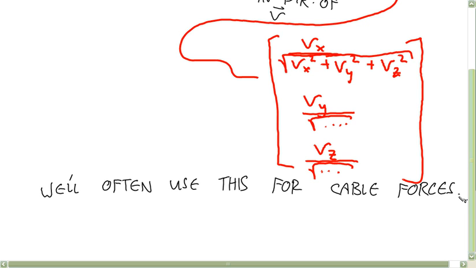So we know the direction of a cable force. What we don't know a lot of times is the magnitude. That's something we have to calculate.